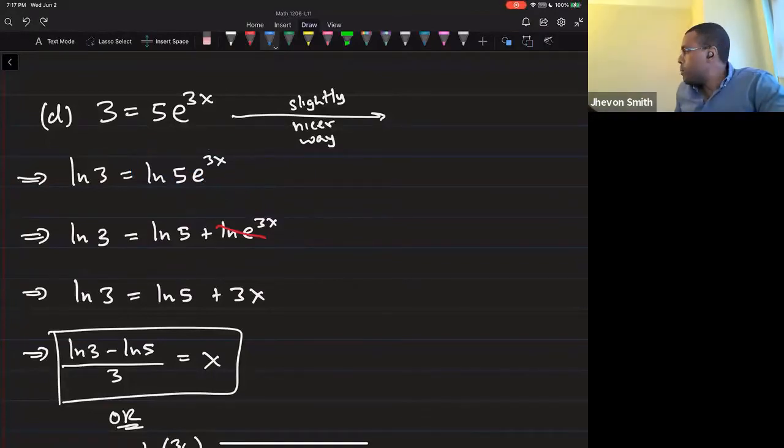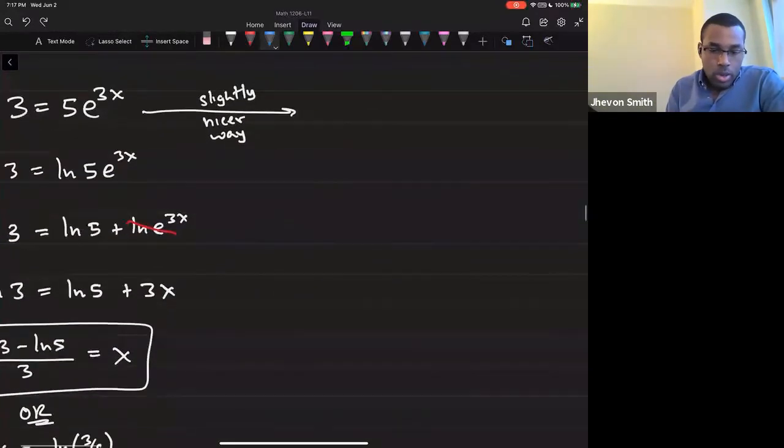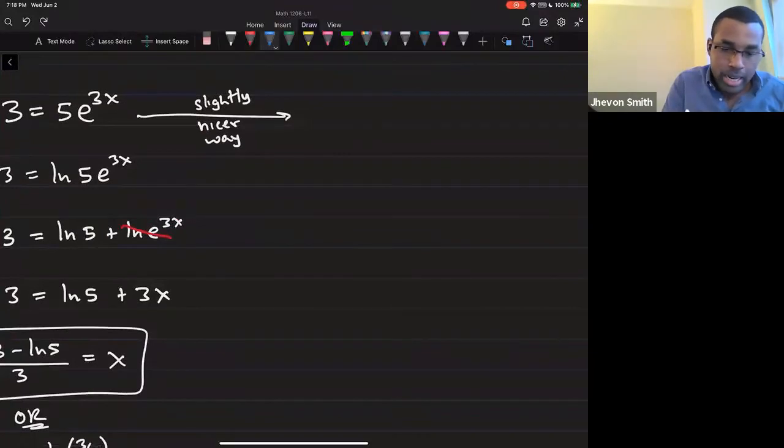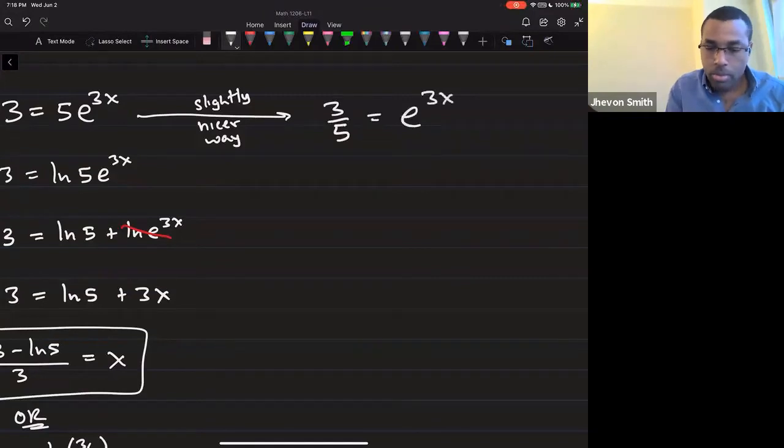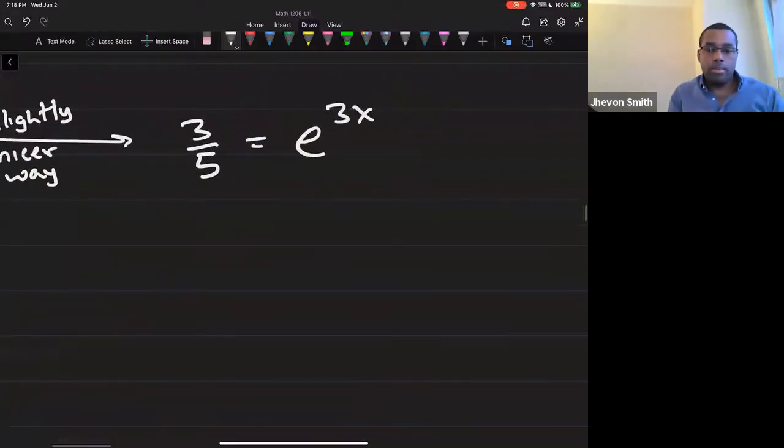So what I would actually do is before you log both sides, because you know that you need the log right beside the exponential, you'd want to isolate the exponential first. So it's probably a good idea to first divide both sides by 5. Right? And then you can log both sides.